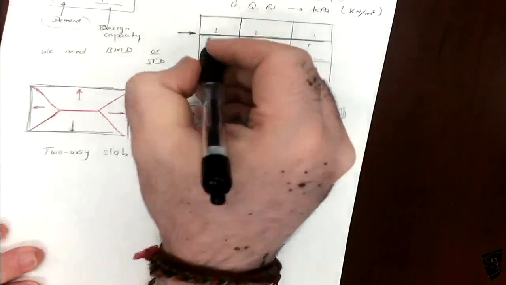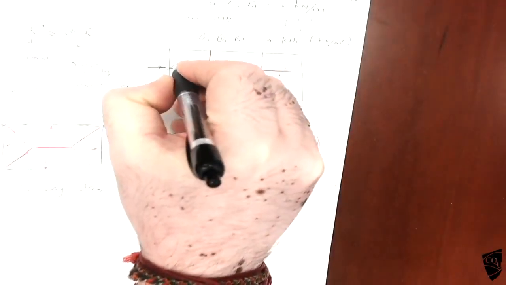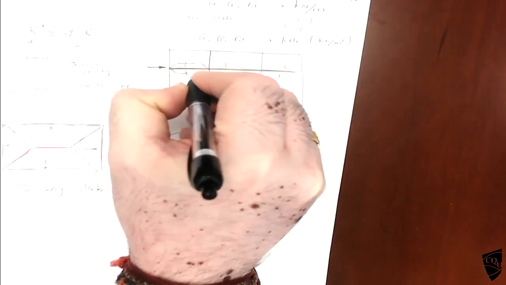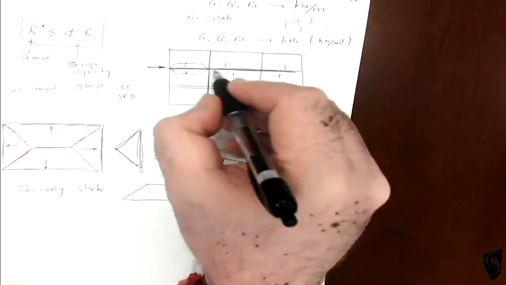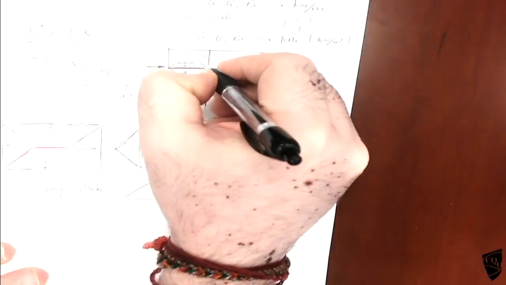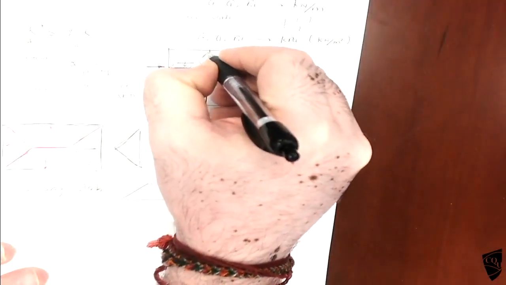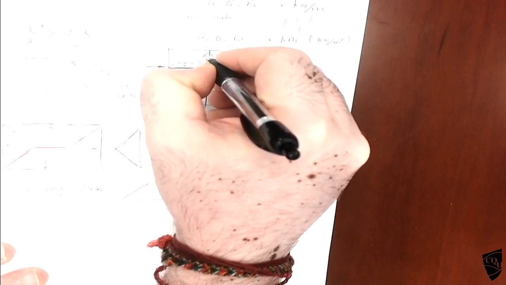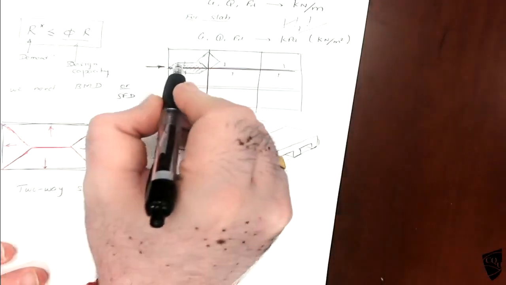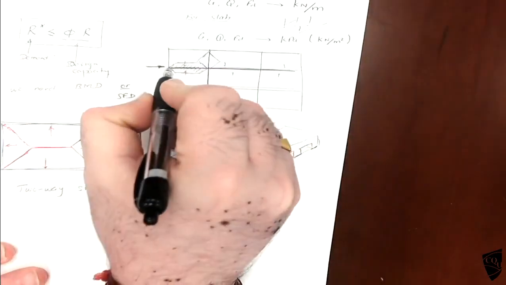Okay, so from this side we have a trapezoidal distribution, from this side. So both sides will have a trapezoid. For this one, you'll get a triangle. Okay, so whatever the load in this area will come to this beam.